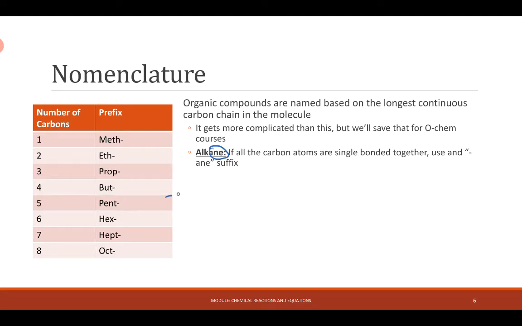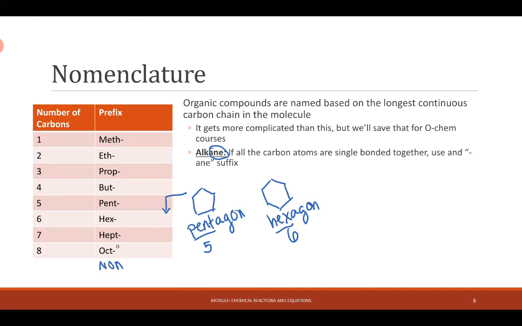After 4, then the prefixes become more normal. Pent, you might be familiar with pentagon. Pent means 5. Hex, like hexagon, that means 6. And so these prefixes after 4 are probably familiar. Everyone always forgets 7, but 7 is hep, and then 9 would be non.